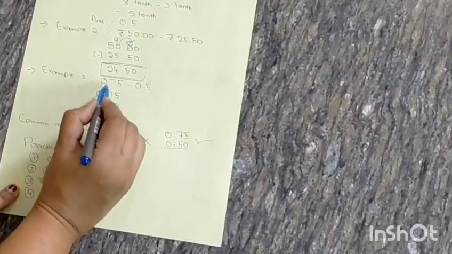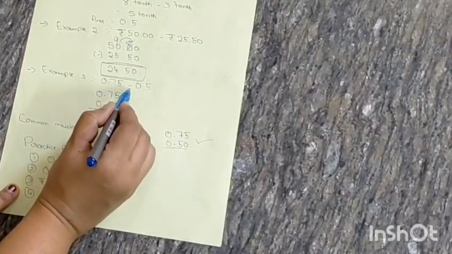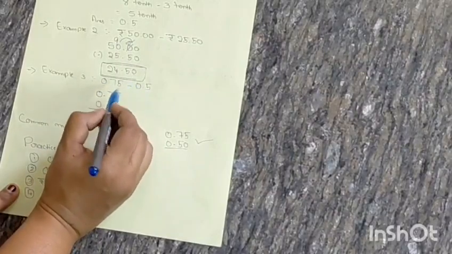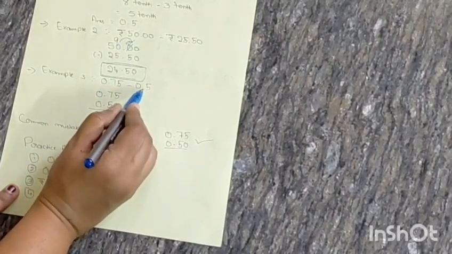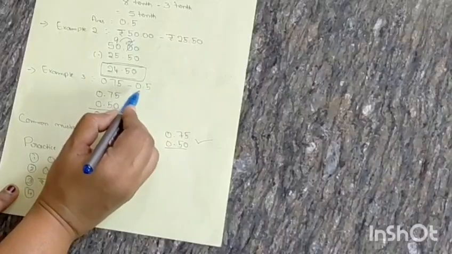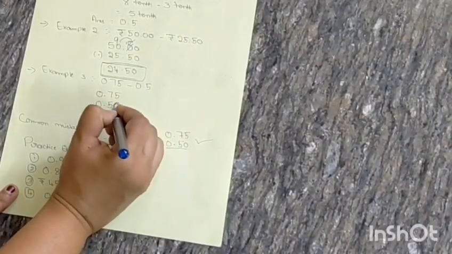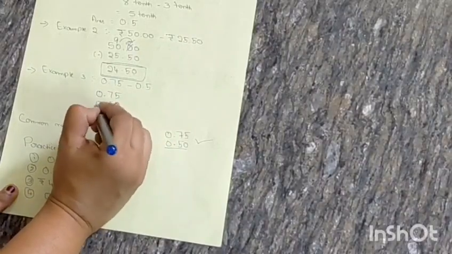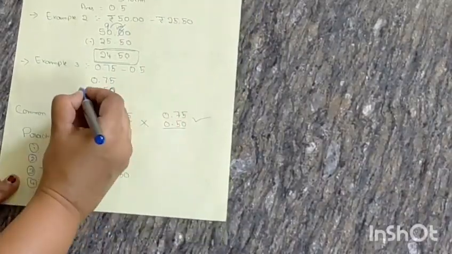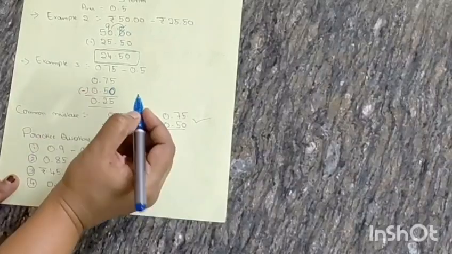Next example, 0.75 minus 0.5. Oh, different digits. Should we panic? No. Just add 0 here. Just add 0 to make the digits equal. So what are we doing here? Subtraction.